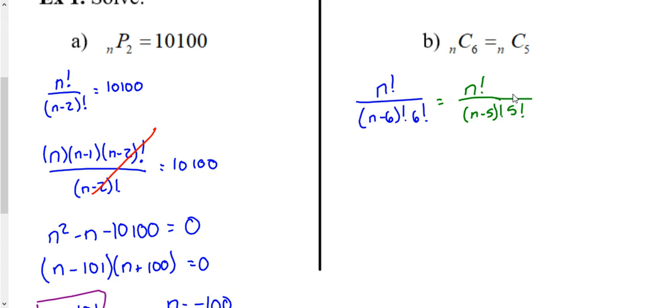Alright. From here we want to try our best to clean up, so I'm just going to write down my factorial in full. Because my numerator is bigger for both, my denominator is smaller, so I'm going to start off with n minus 1, n minus 2, and so on and so on. And I'm stopping here at n minus 6 factorial because I see that same n minus 6 in my denominator to cancel out.